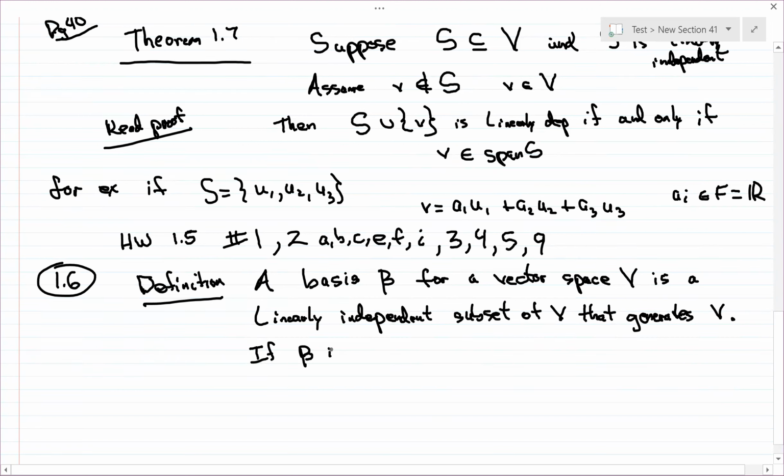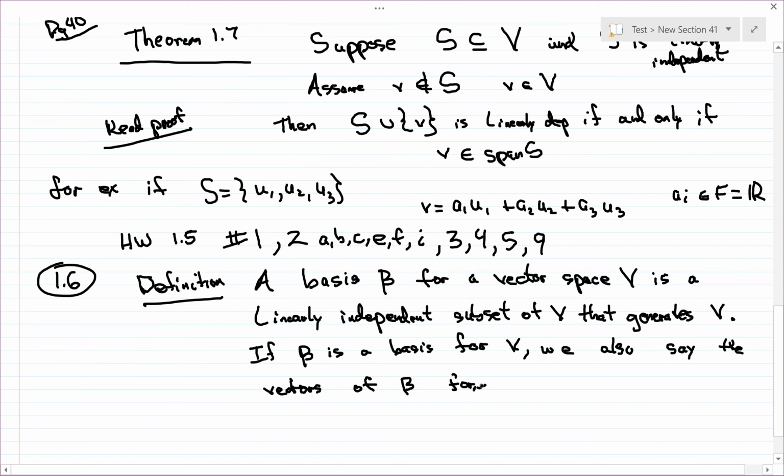If beta is a basis for V, we also say that the vectors of beta form a basis for V. So the key word here is basis.